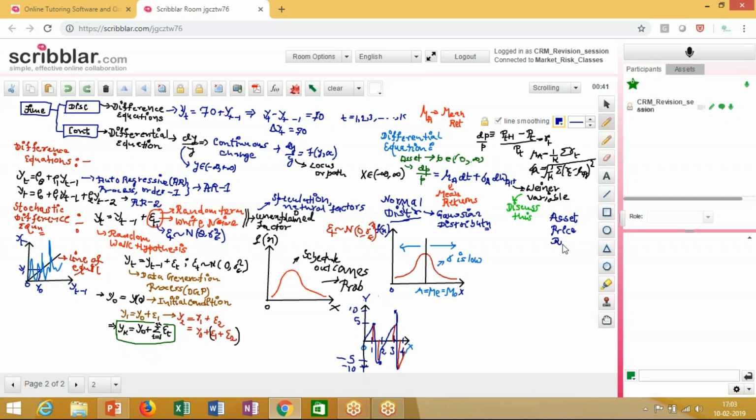So we'll talk about one particular part of risk which we call the asset price risk.